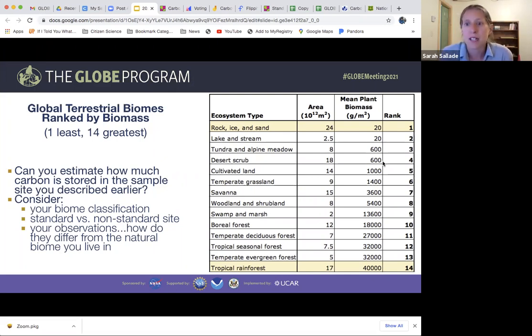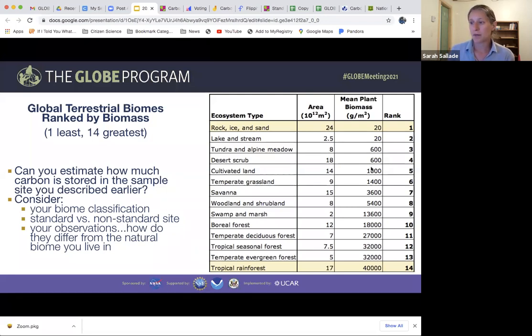So biomass across the world's biomes is quite drastically different. And so when you're studying carbon in your area, that'll be something you want to keep in mind, because the exact species that are there, as well as any human interference, could significantly impact your biomass and carbon storage numbers.